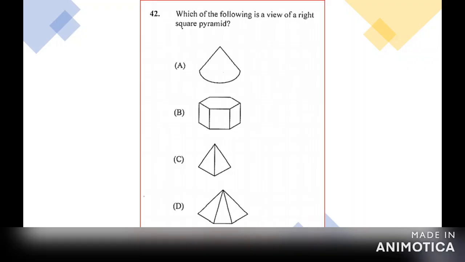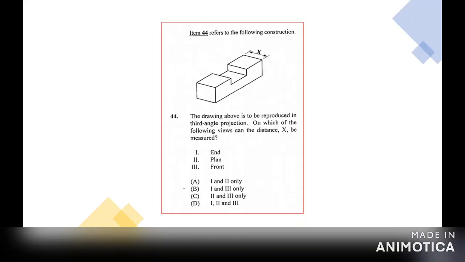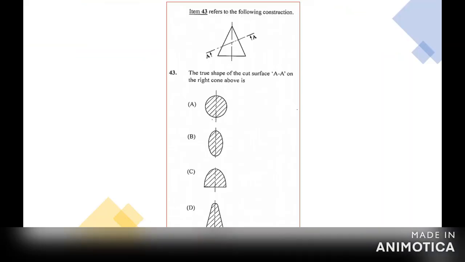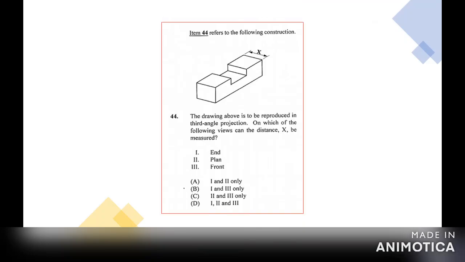So that would be C. So square pyramid meaning the base is square. Of course, you can only see two sides, so the answer would be C. The true shape of the cut surface AA on the right cone above is B. Okay, so 43 would be B.